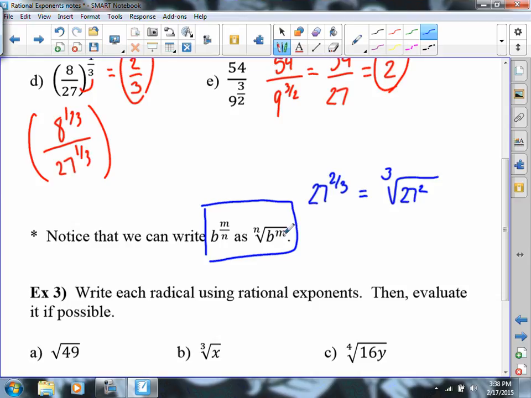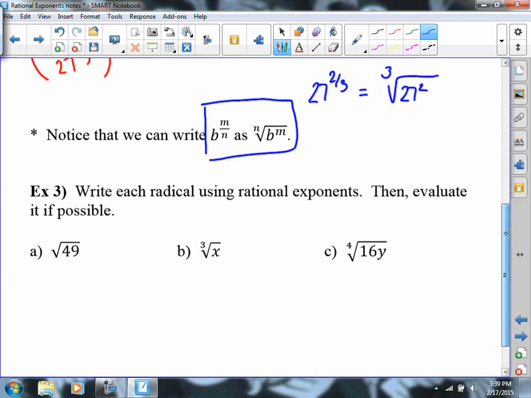Sometimes that m value might be a value of 1, and then we would have had 27 to the 1/3. But if it's not a 1, that numerator is going to stay as your exponent with your base inside the radical. So let's practice rewriting some of these expressions because this is an important skill that's going to help us with our last few examples.